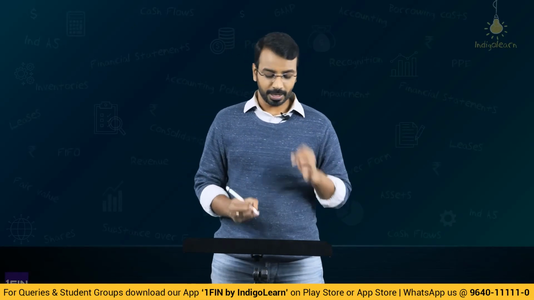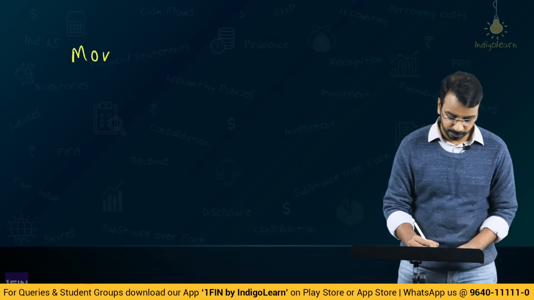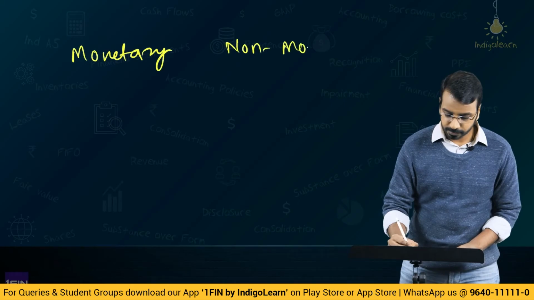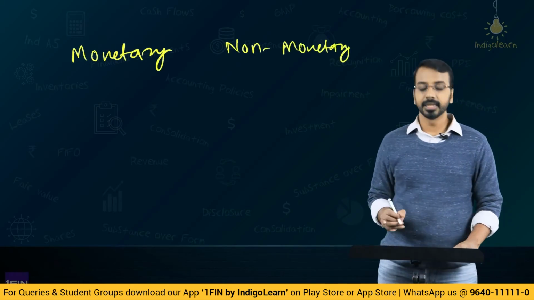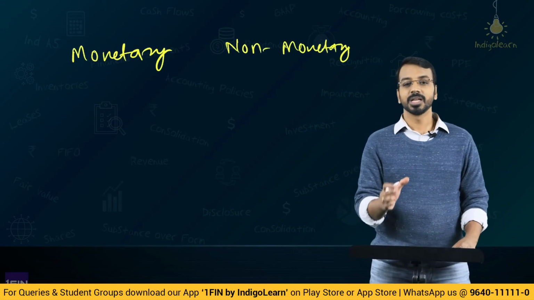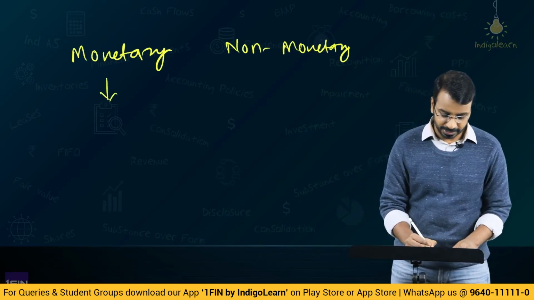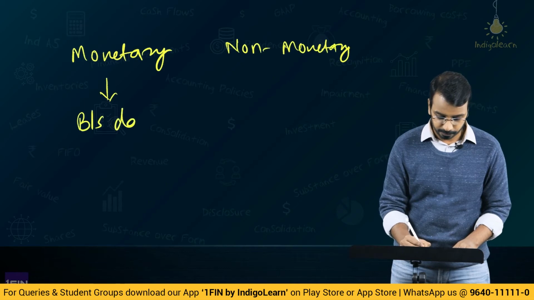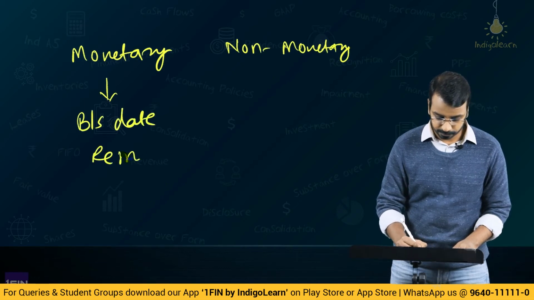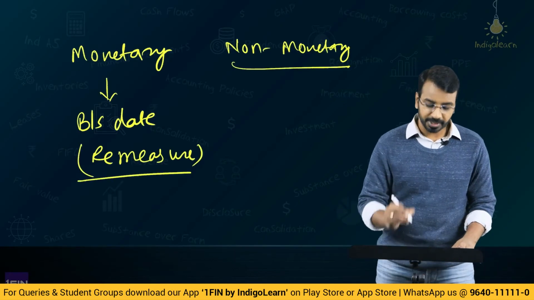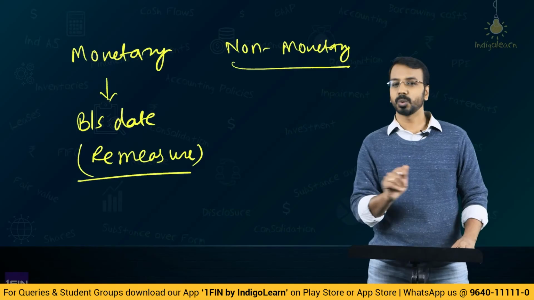Now, whenever there is a change in functional currency, there will also be an impact on the amounts already recognized. See, what happens is, we have understood that there can be monetary items and there can be non-monetary items, right? There can be monetary or non-monetary items which are denominated in foreign currency. For monetary items, at each balance sheet date, you will remeasure. There is no problem. But for non-monetary items, we said we have to take the historical cost only, right?